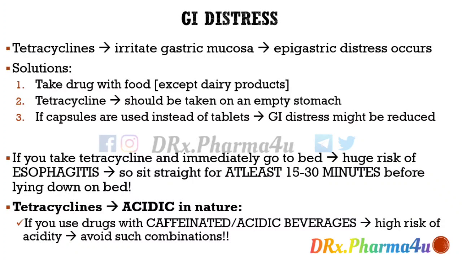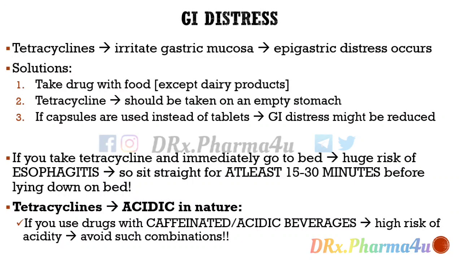Why? Because tetracyclines are acidic in nature and caffeine is also acidic. Caffeinated beverages, for example coffee and green tea, and acidic beverages, for example cold drinks, most of which contain carbonic acid. In that condition, please avoid those combinations.